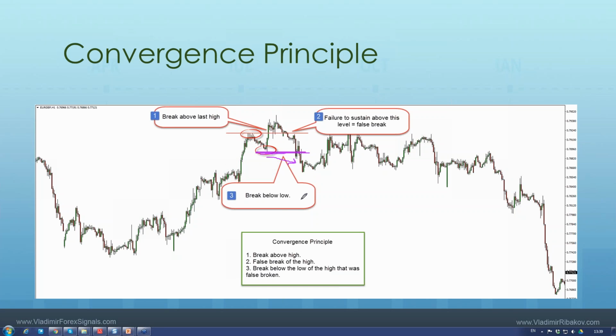In other words, when a bearish momentum is gained. How do we know bearish momentum is gained? When we have lower lows. So the bears now are strong enough again to create lower lows. This is the principle of convergence.